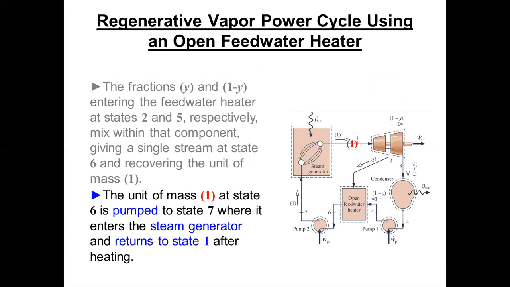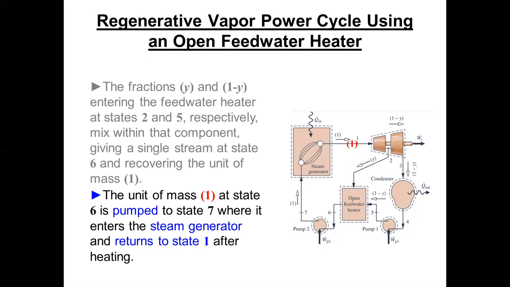Coming in the top, we've got y indicating the mass fraction in times h2, the enthalpy of the extraction at 2. We also have the mass flow coming out of pump 1 going in. When you write the equation, the summation of the mass flows times the enthalpies coming in is equal to the summation of the mass flows times the enthalpy out.